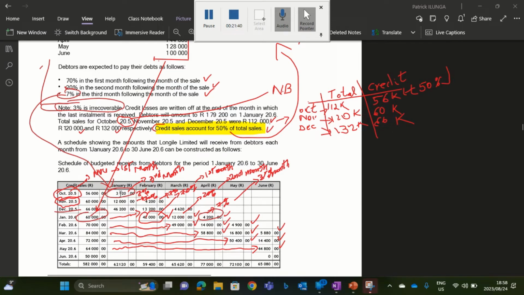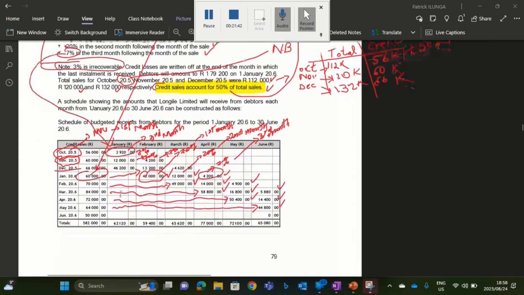Because remember, this table that you see here is very important. We only have a period of recovery from January to June. So as far as October of last year is concerned, we will only be dealing with that final 7% that had to be recovered 3 months after, which will fall exactly in January of 2026, right? So that's why it's there.